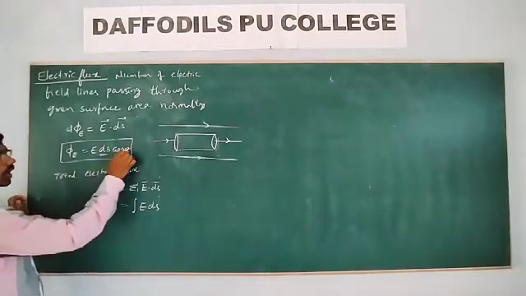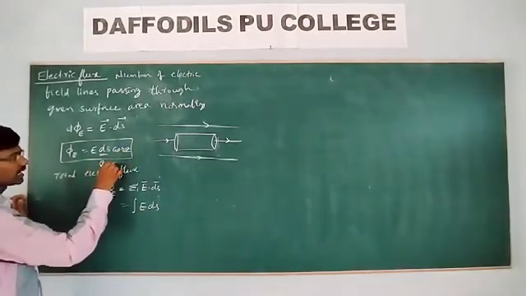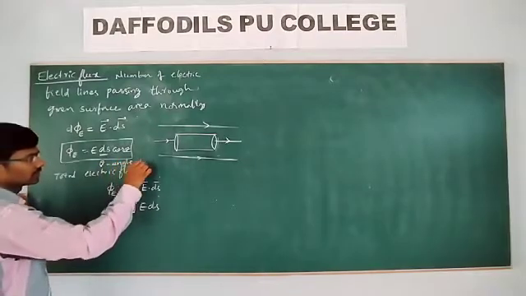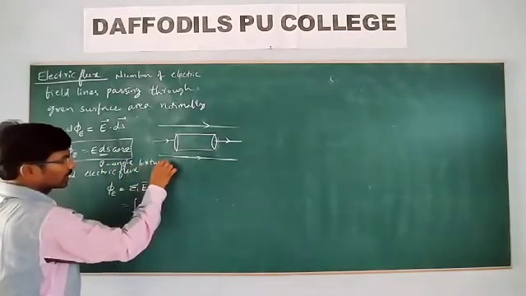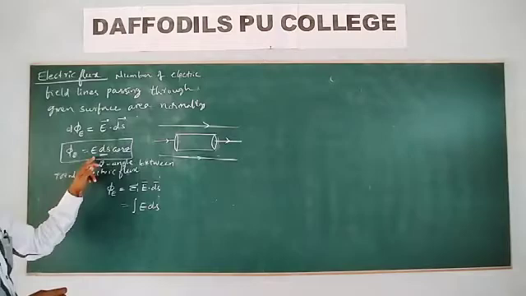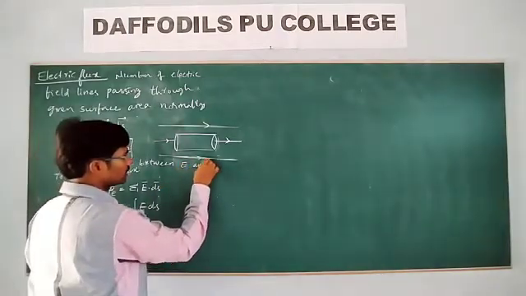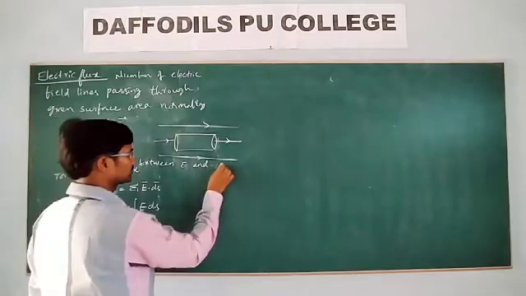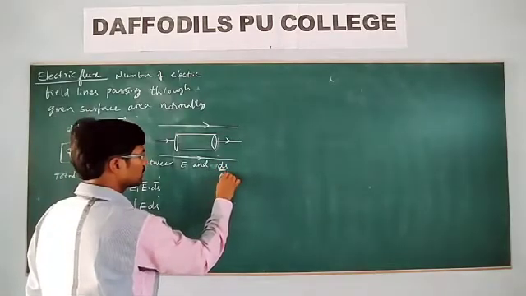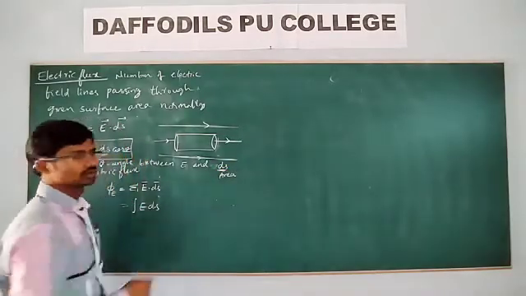But remember, theta is the angle between the electric field and the area vector. ds represents the area.